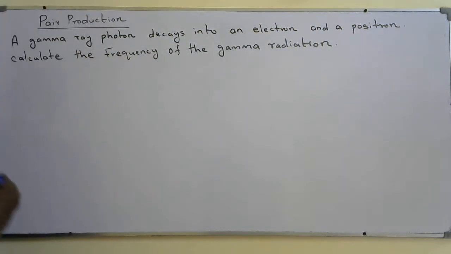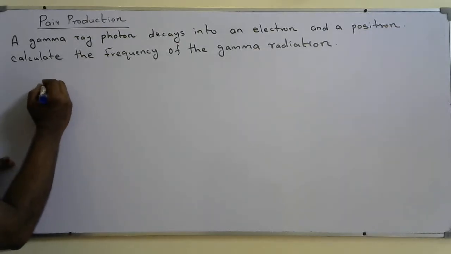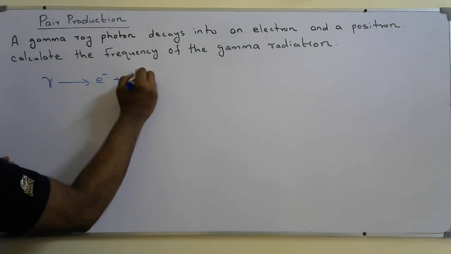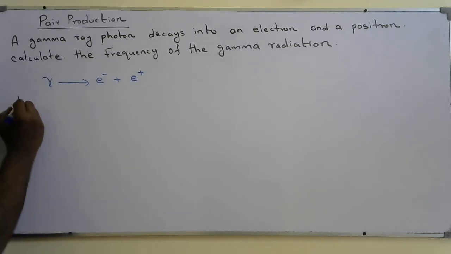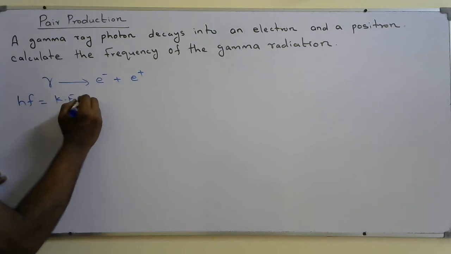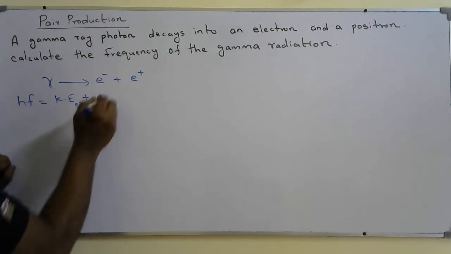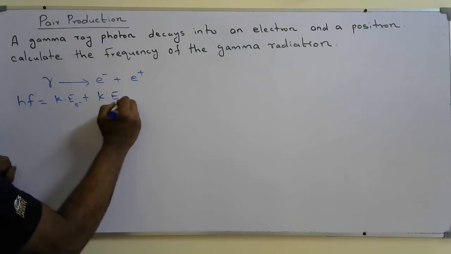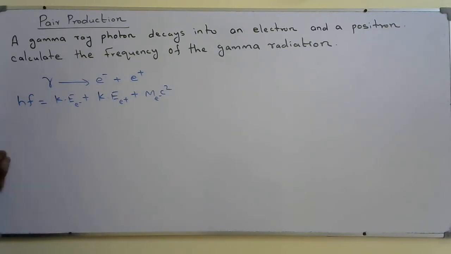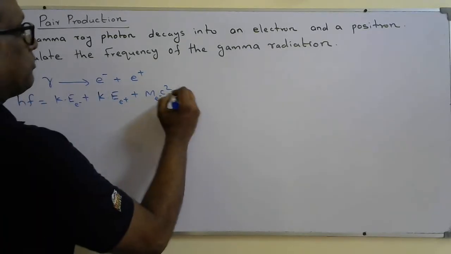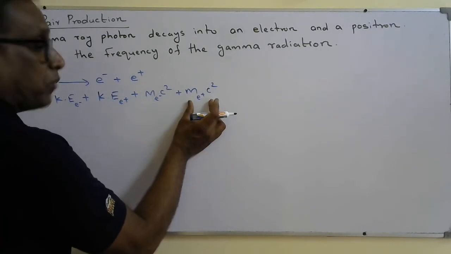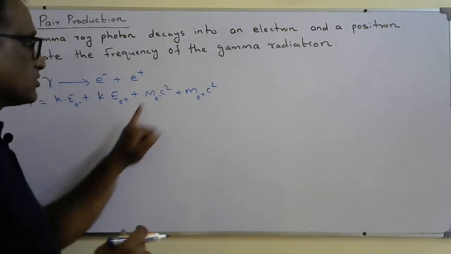If I write the reaction equation for this pair production, a photon decays into an electron and a positron. So hf equals kinetic energy of electron, which we know is zero, nothing mentioned about it, plus kinetic energy of positron, which also is nothing mentioned, plus the mass of the electron in terms of energy, me c squared, plus the energy of the mass of the positron, equal to that of the electron.